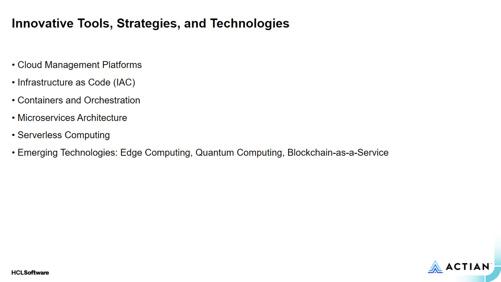These include cloud management platforms, which help manage and optimize cloud resources; infrastructure as code, a method for managing infrastructure through code and automation; container orchestration, which streamlines application deployment and management; microservices architecture, a design approach that breaks applications into small independent services; serverless computing, which enables you to run applications without managing servers; and emerging technologies like edge computing, quantum computing, and blockchain as a service.